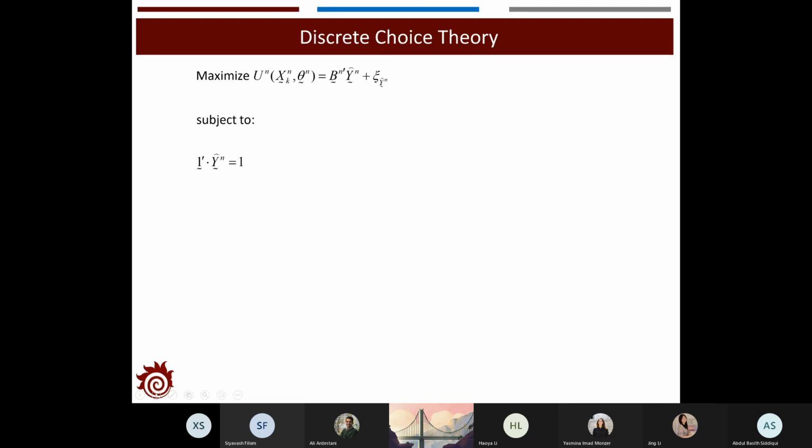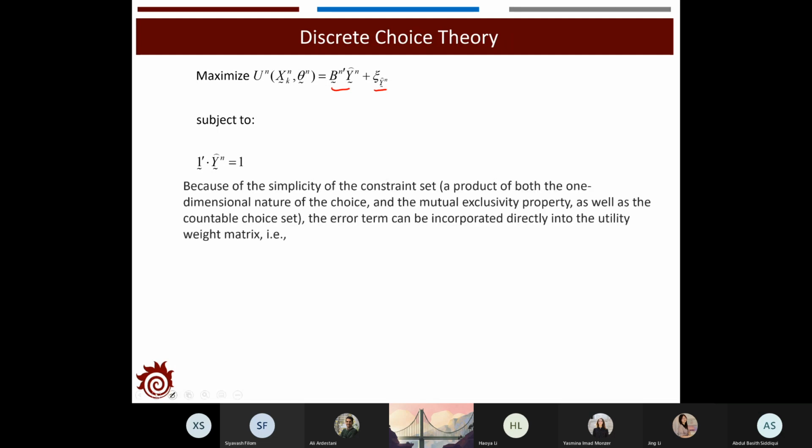Okay, and now we have this kind of maximization problem. We will have the deterministic component and also the random term. We can also write them in revised form, define a new matrix B prime, and put the random term inside. So that will be B hat. Sorry, you define a new variable B hat.